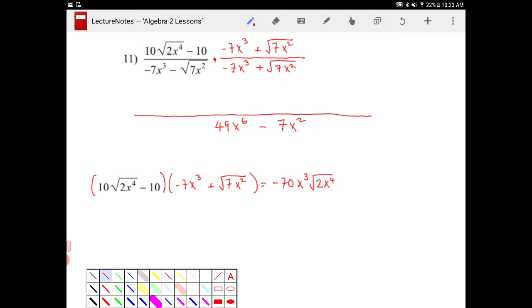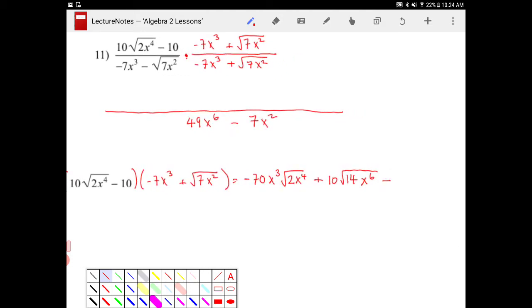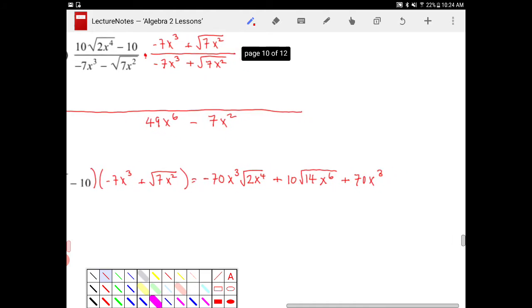And then plus 10 radical 14x to the 6, and then minus, or actually plus 70x to the third, and then minus 10 radical 7x squared.